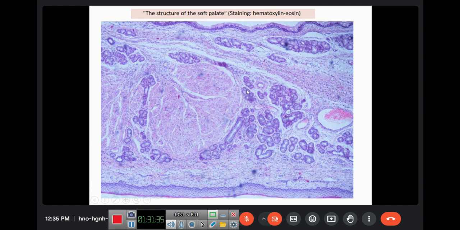Some secretory portions of the glands are located at the same level as the sections of the muscle fibers. In the oral surface, we have the submucosa with also some secretory portions of the glands, and with no sharp border, submucosa goes to the lamina propria mucosa and next stratified non-keratinized epithelium.